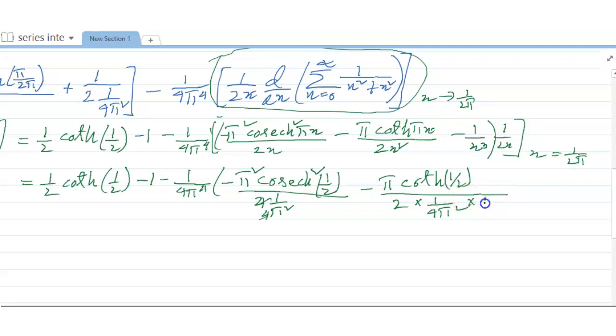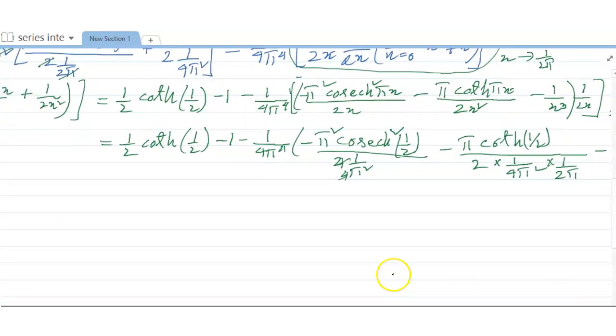into 1 by 2 pi minus 1 by 2 into 1 by 2 pi whole cube. Just putting this, very simple. And after that I can write this way: half into coth half minus 1, and pi to the power 4 will be common. Then whatever I get, minus 1 by 4 cosech.